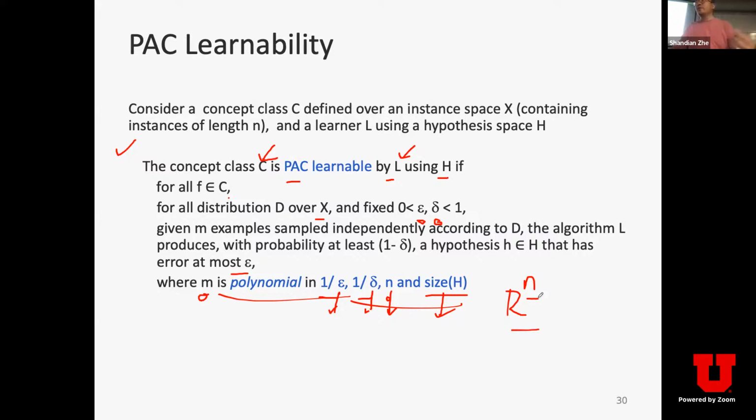So I want to emphasize again, PAC learnable means the efficiency in terms of the sample complexity, the number of samples required to achieve some certain learning performance. This certain learning performance is described in terms of the error level and the probability level, the dimension of feature vectors, and the size of the hypothesis space.